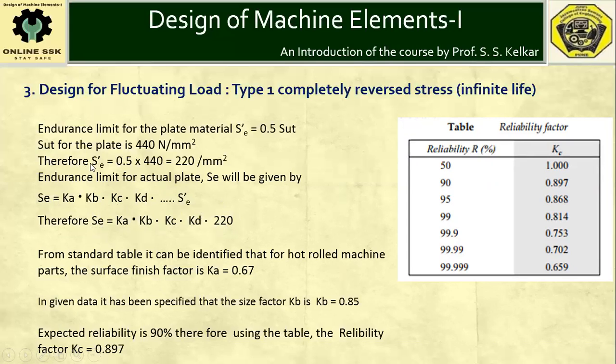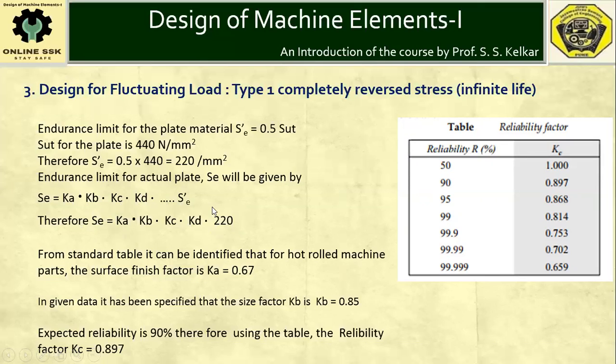Se dash, please note, is the endurance limit for the material of the plate, whereas Se is the endurance limit or endurance strength for the plate itself. For finding out the endurance limit for the plate, we need to multiply the endurance limit for the plate material by these corrective factors.